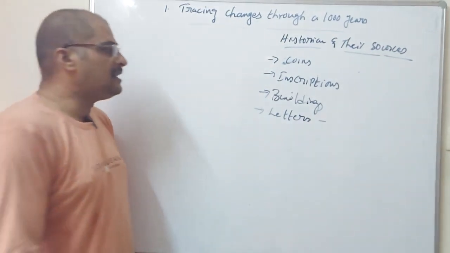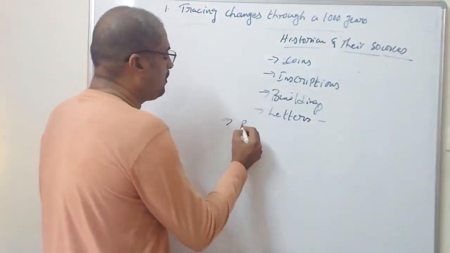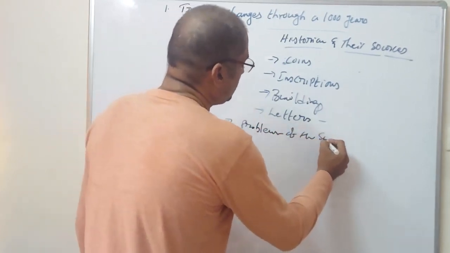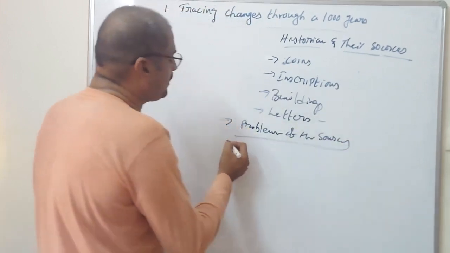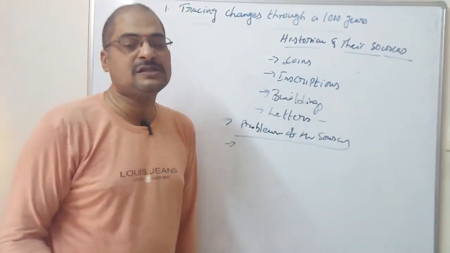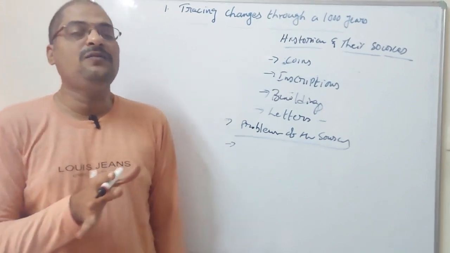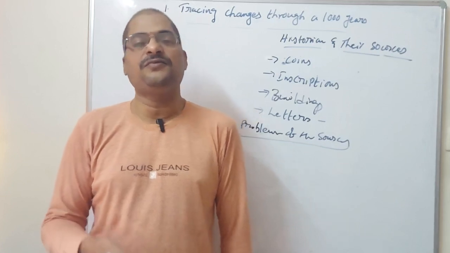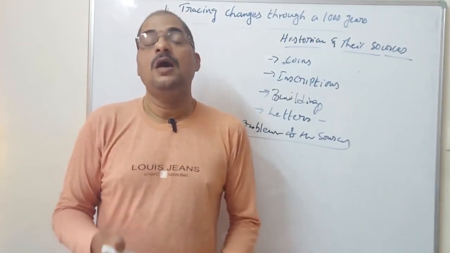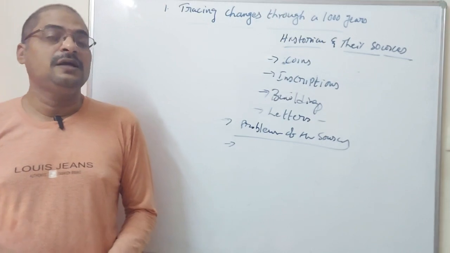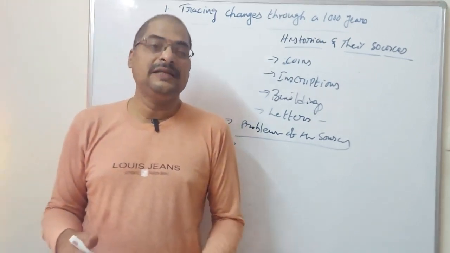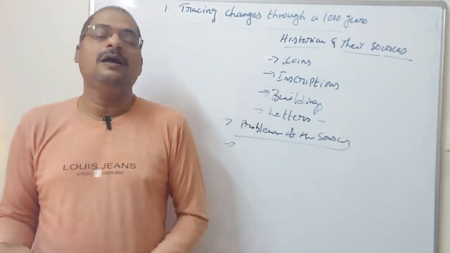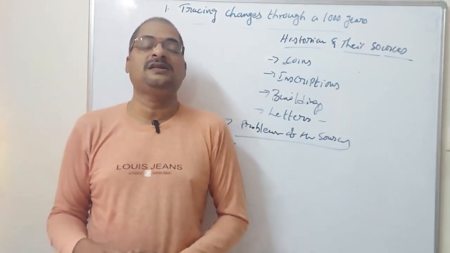But the problem we have to face with the sources is that those sources are not clear. Many sources are only half of the matter; we did not receive full information from the sources of Indian history. Some things are torn, and it is not a clear picture when you receive the inscriptions in that place.